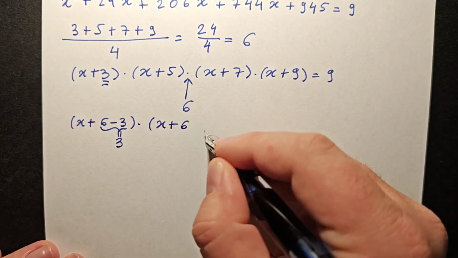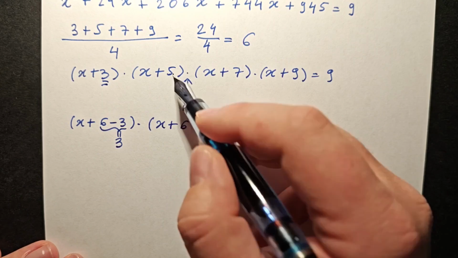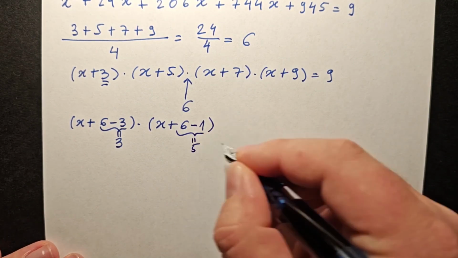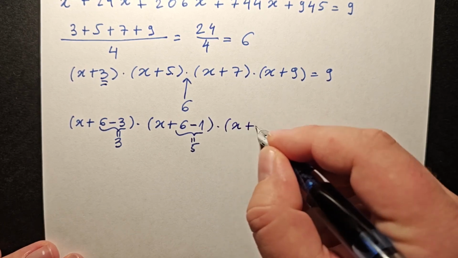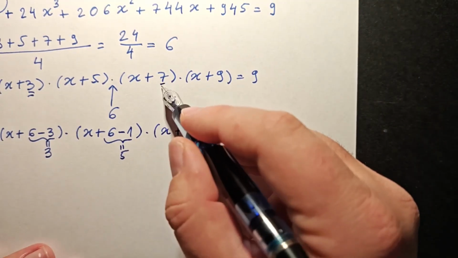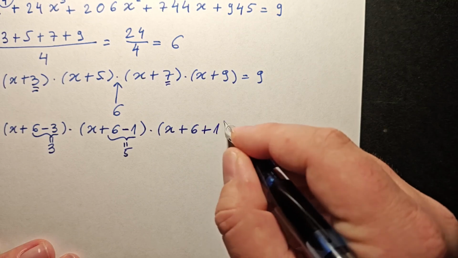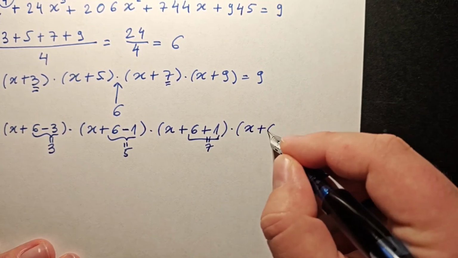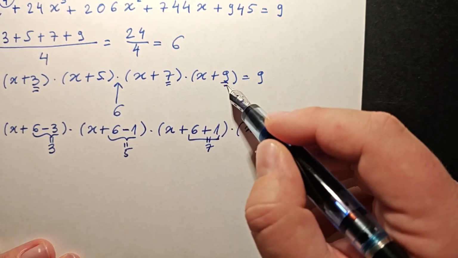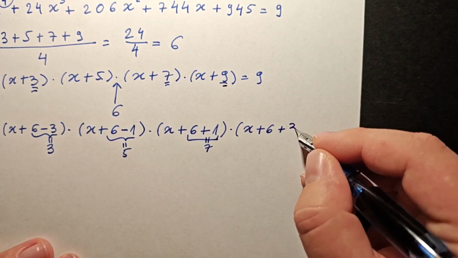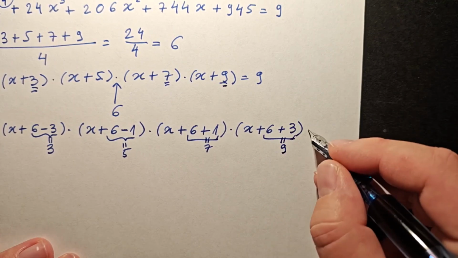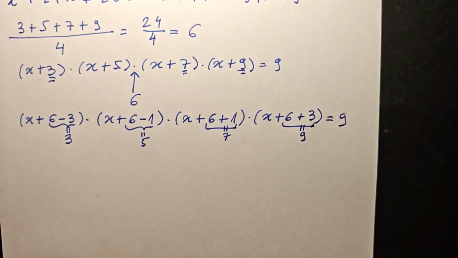Multiplied by (x + 6), we have 5 here, so we take away just 1 to get that number 5. Again, (x + 6), we have 7 here, so we add 1 to get 7. And we have (x + 6), and we have number 9 here, so we add 3 to get that number 9, and that is equal to 9.